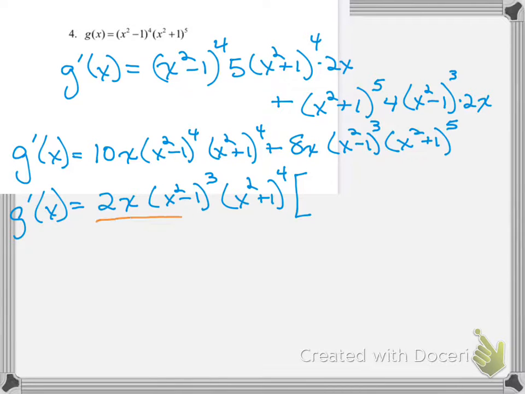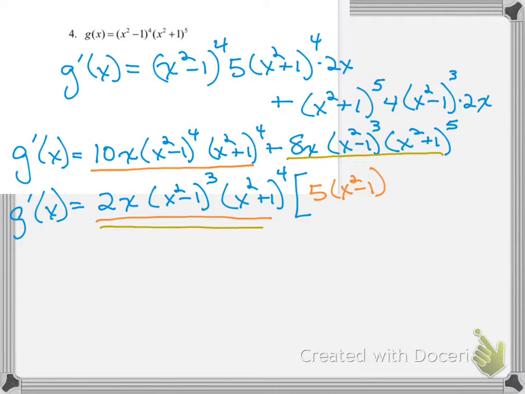So I have this, and I need that. So I'm definitely going to need a 5. I definitely need one of the x squared minus 1s. I don't need the x squared plus 1 because they match. Okay, change colors again. Okay, so now I have this, and I want that.